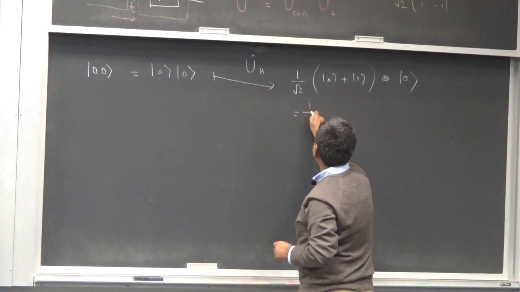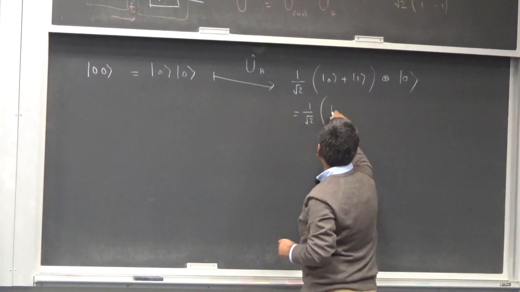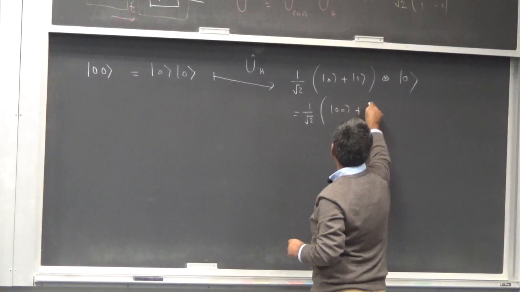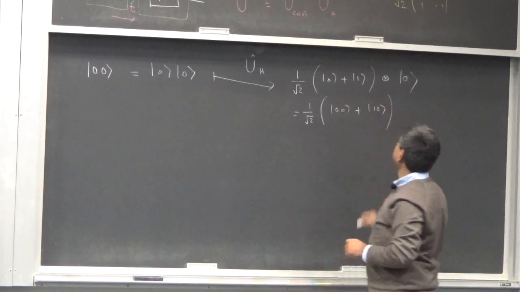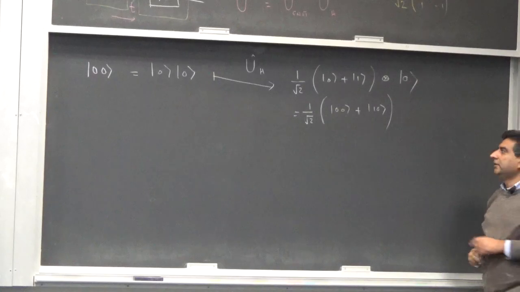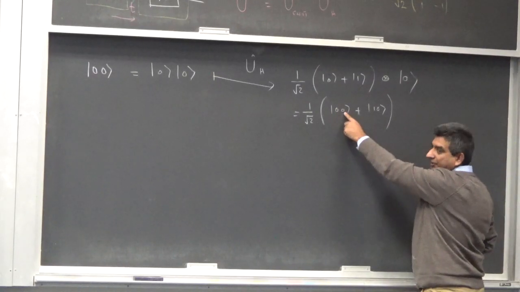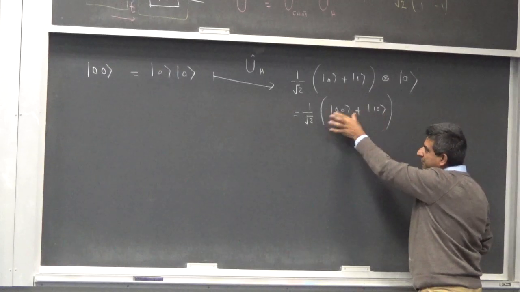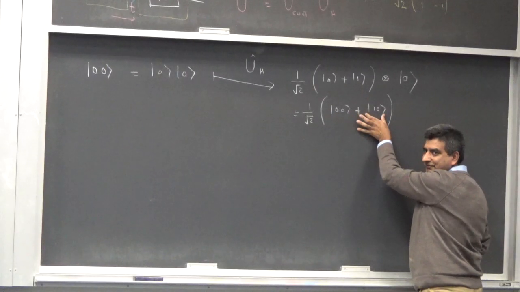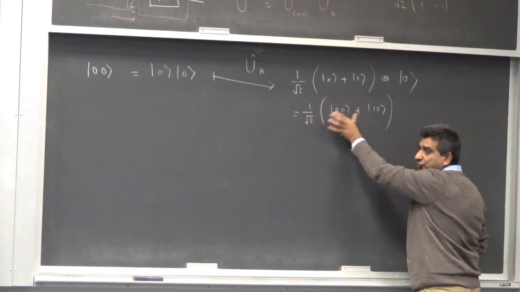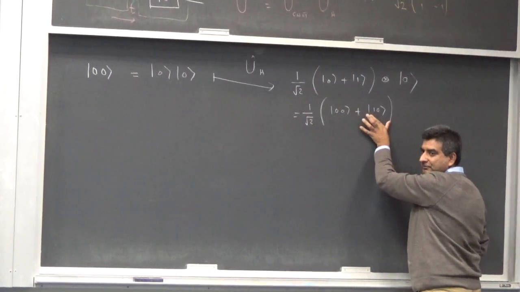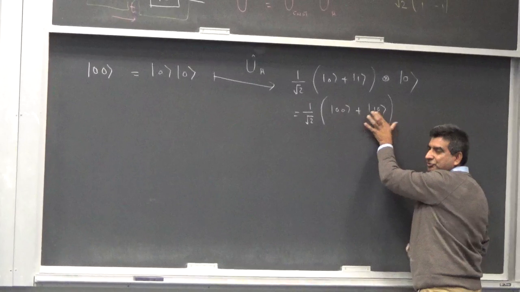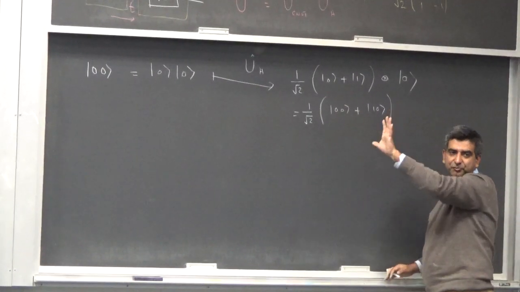And I can write this in the following form as well. 0, 0 plus 1, 0, right? First qubit, second qubit, first qubit, second qubit, and a superposition of these two qubit states. Now I'm getting a superposition of two qubit states. So the idea of superposition has extended to two qubits now.